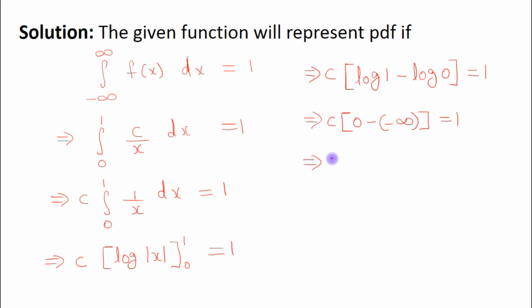Next step, c times infinity equals 1. Therefore, the value of c does not exist. Fine.